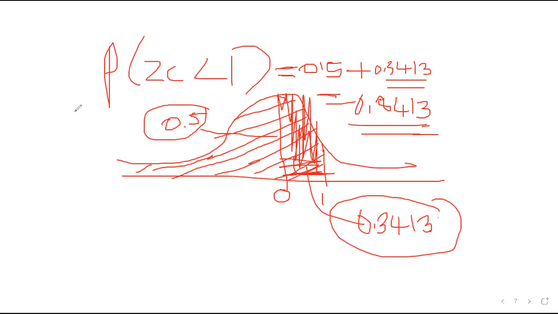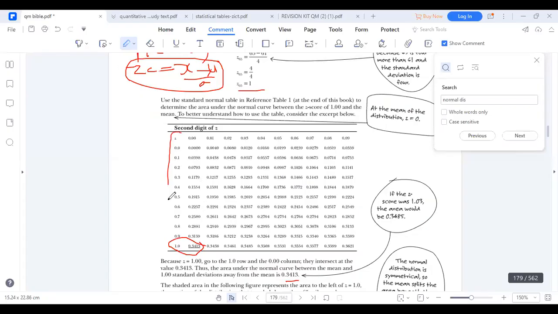Okay. Yes, thank you. On the table, these are Z values. So when you say Z of 1, it's the same as 1.0, so 0.34, this is the way it is here.